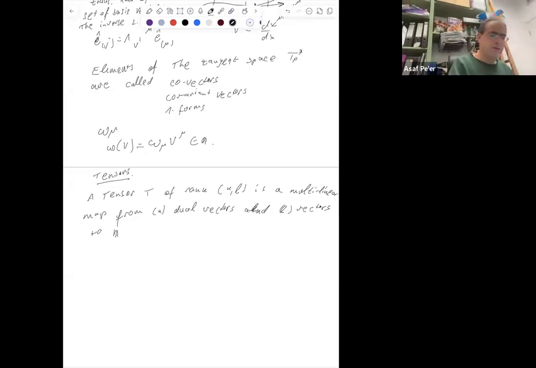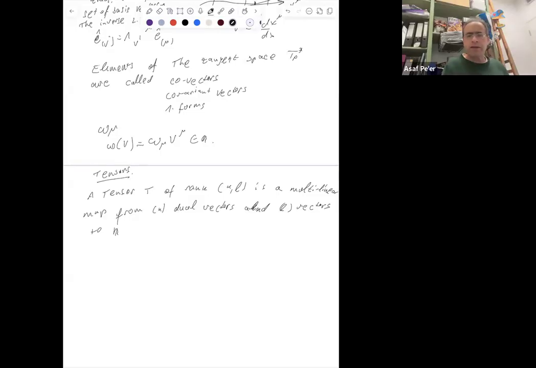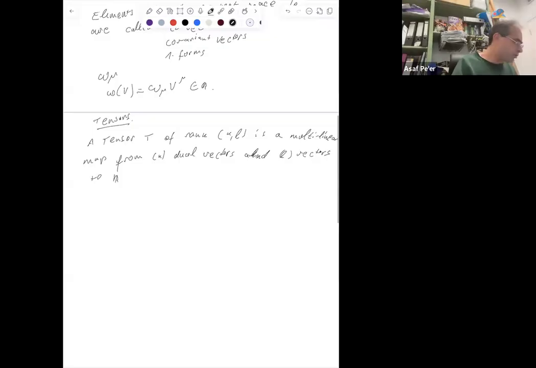And the transformation law is applied to each index separately, and the order of the indices is maintained. So we don't switch the order.